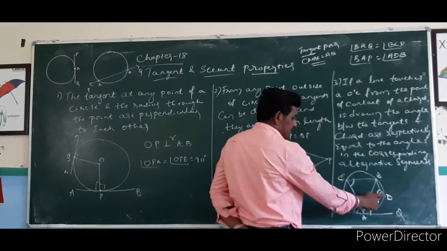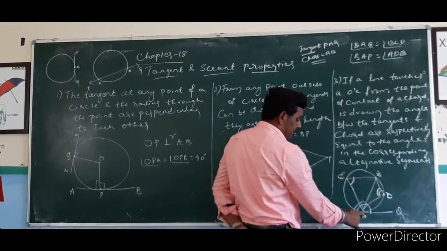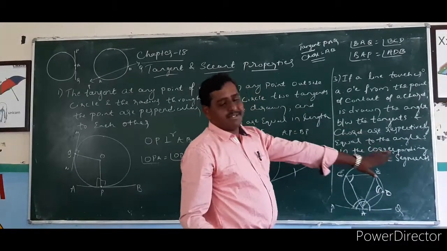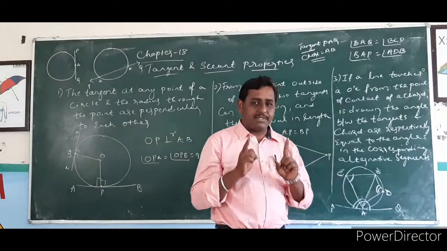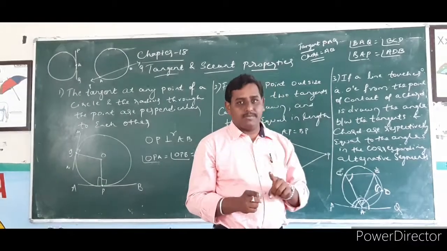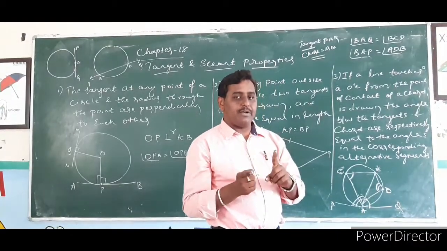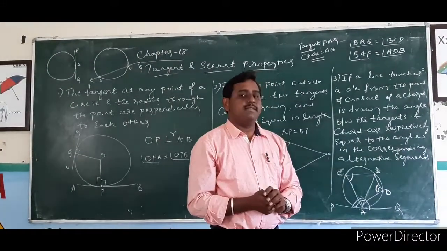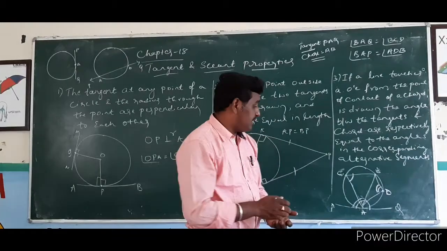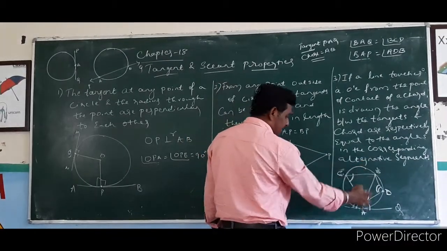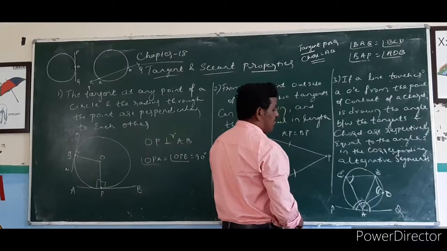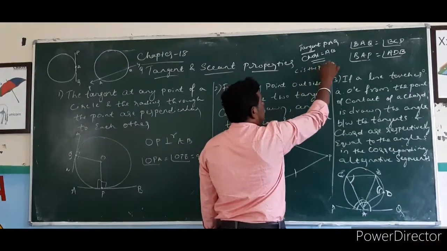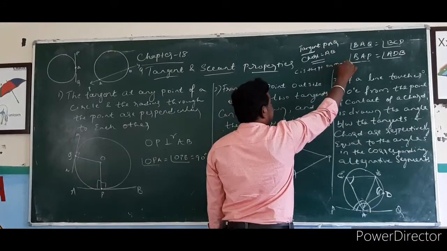That means BAP is equal to BDA. This statement says that the angle between the tangent and chord is equal to the angle in the alternate segment. Here, if you consider the chord AB, C is the point on the major segment.